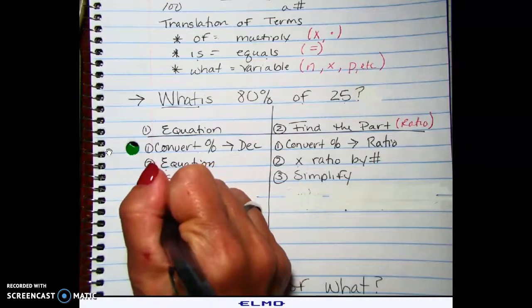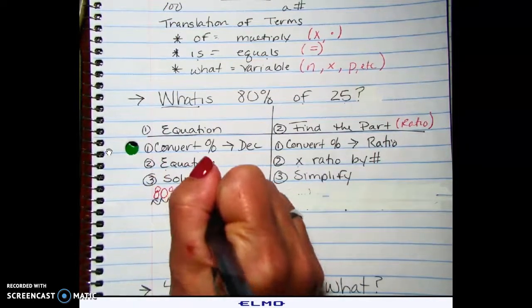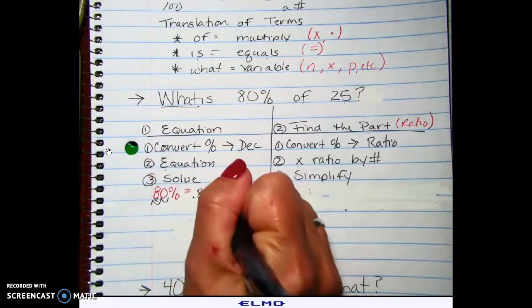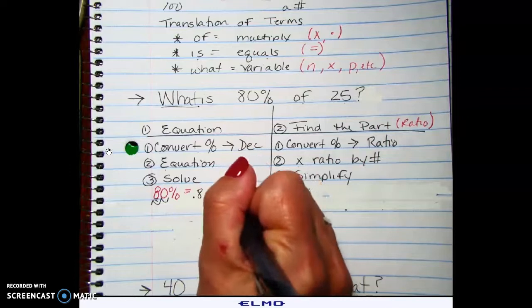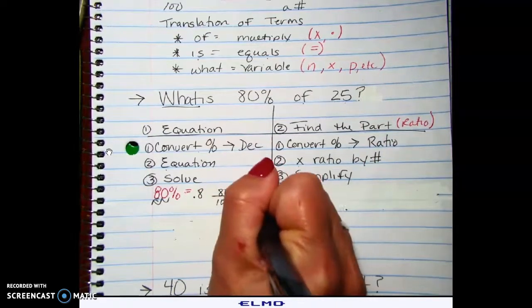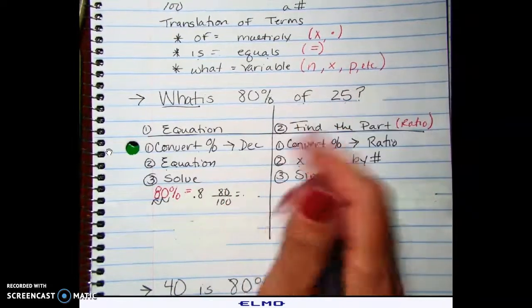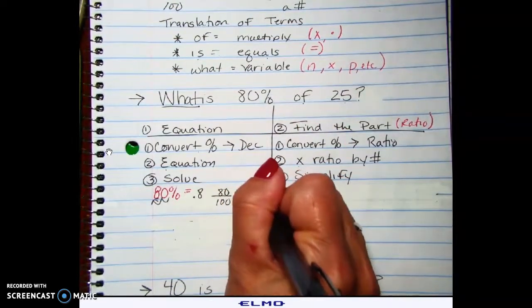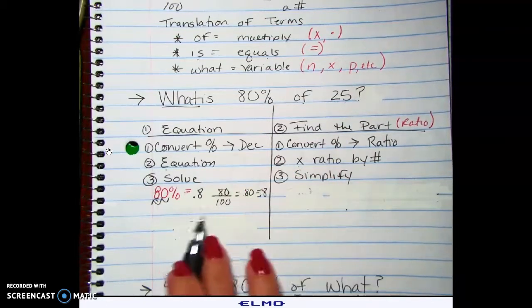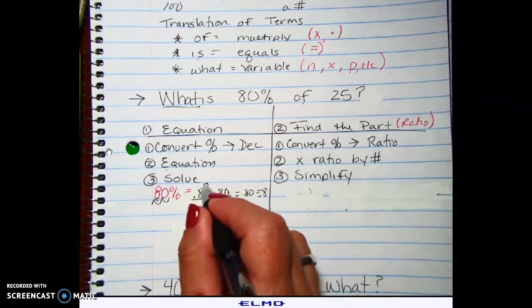We would move it 1, 2, so it becomes 8/10, or it could be 80/100, either way. Or you could take 80 over 100, which equals 80/100 when we say it, or 8/10. So that's either way, but this is what it ends up being.